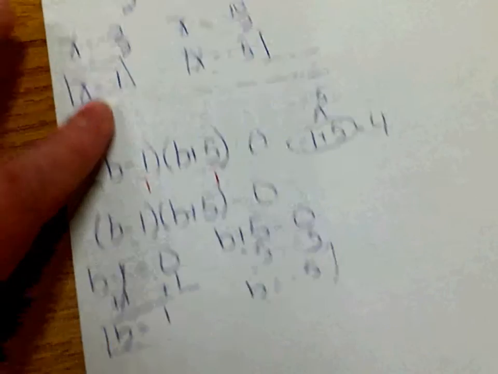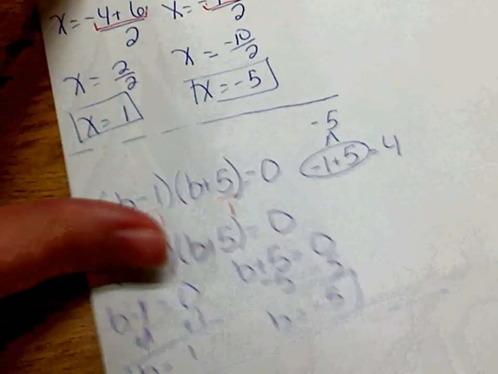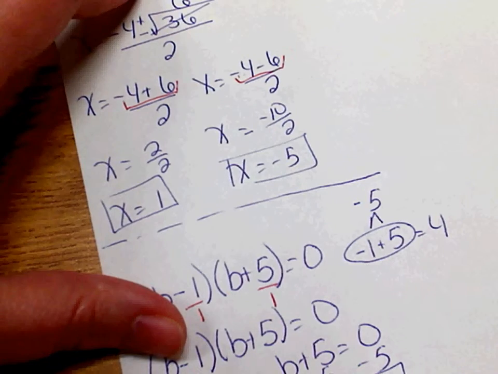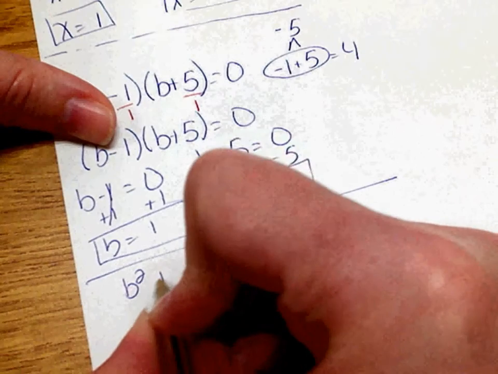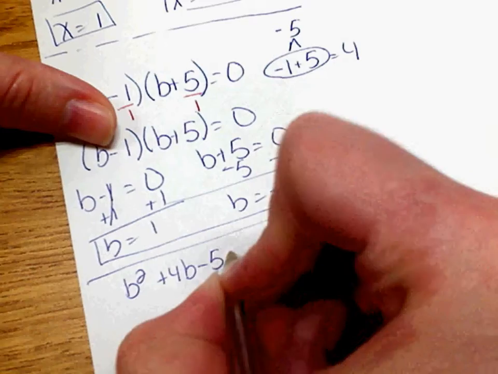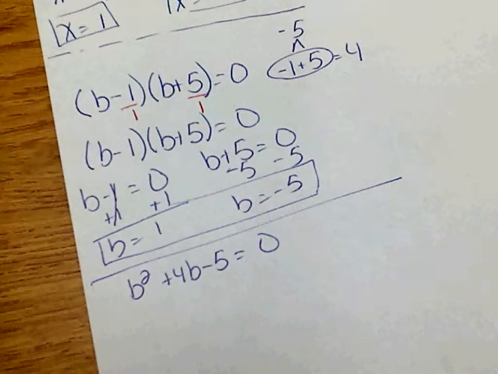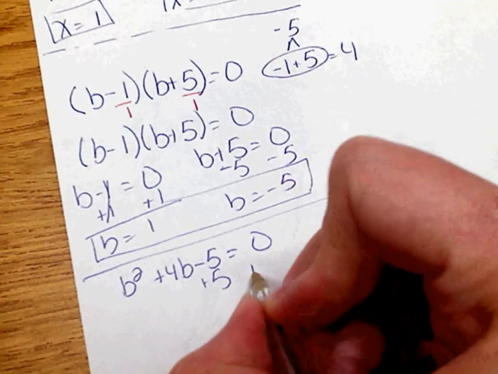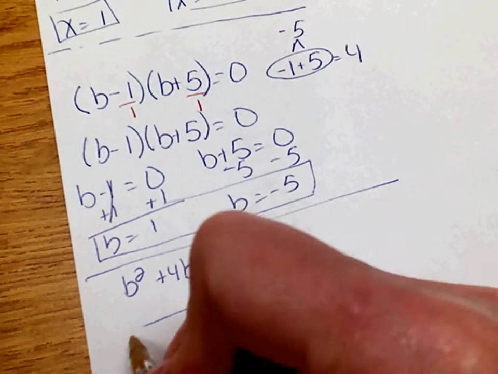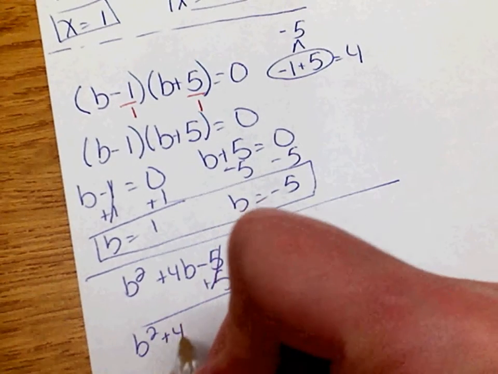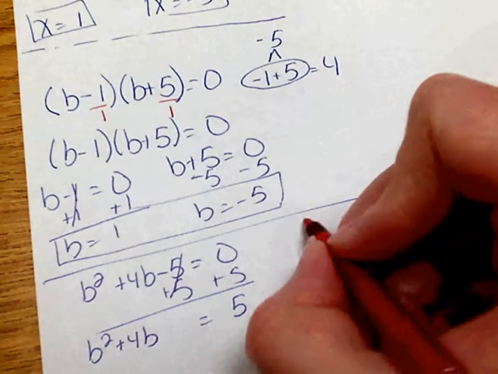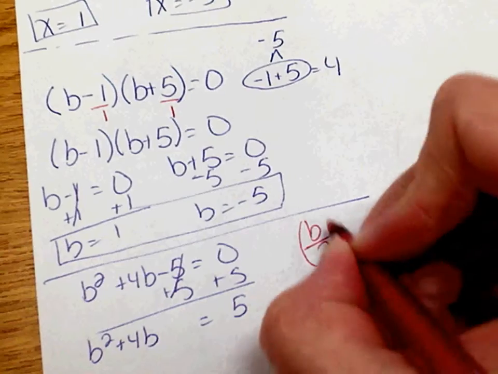So finally, we need to do it by completing the square. So we got b squared, we'll rewrite the problem, plus 4b minus 5 equals 0. And to complete the square, we need to add 5 to both sides because we need a spot to put our square. So b squared plus 4b equals 5. And remember, for our square, we got b divided by 2 squared.